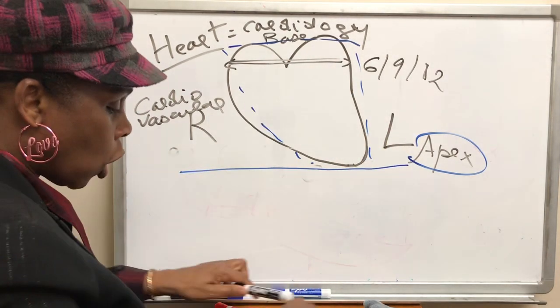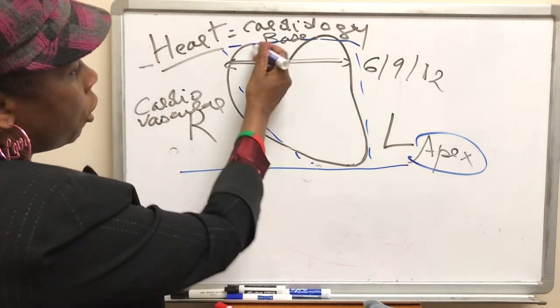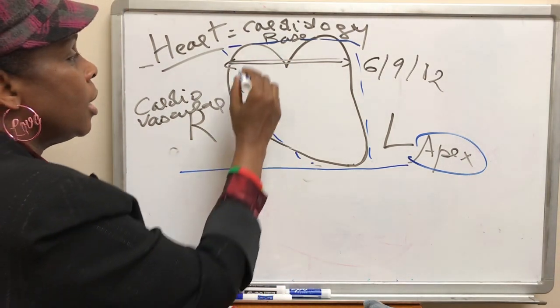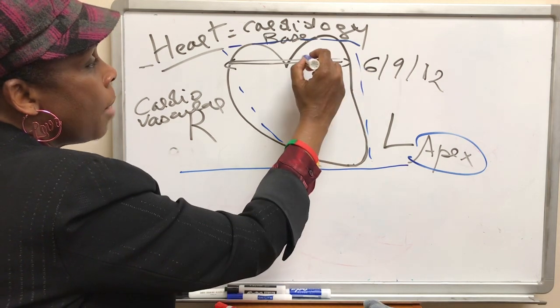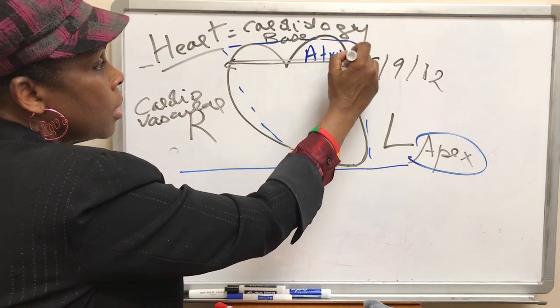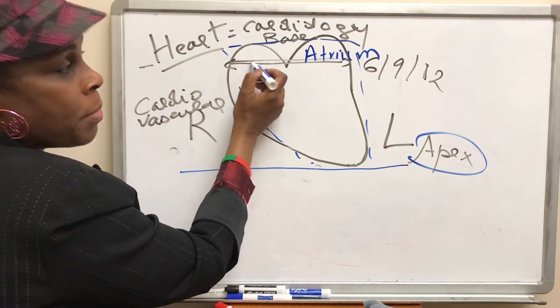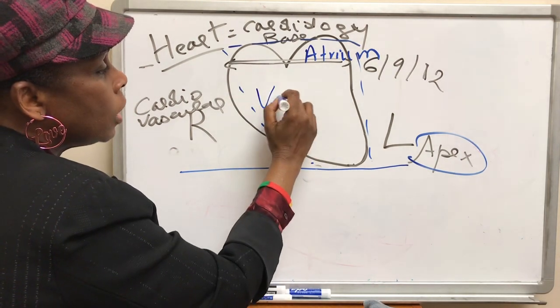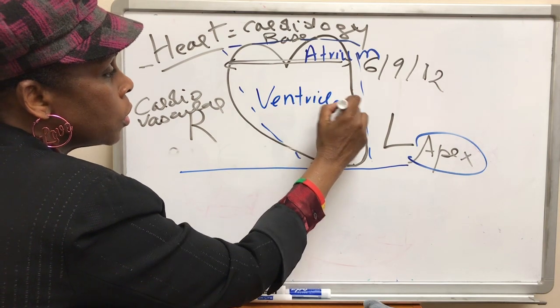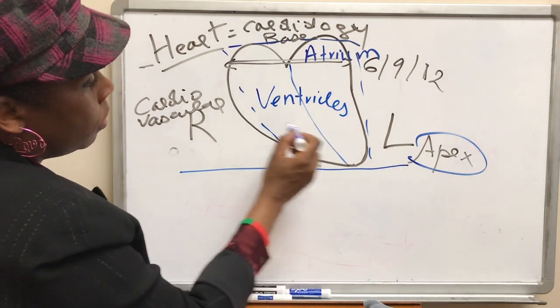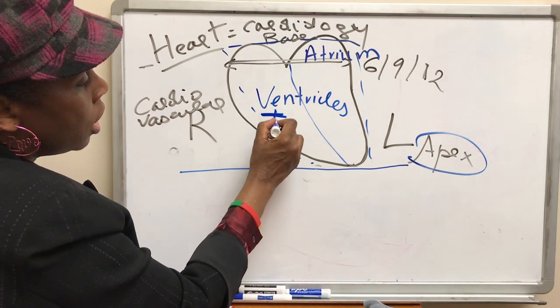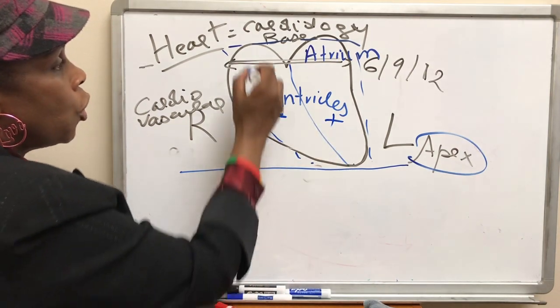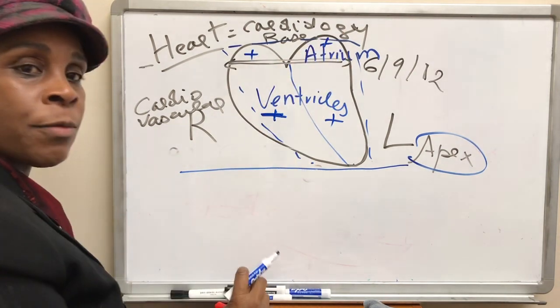The top of the heart, these two chambers, are called the atria: the left atrium and the right atrium. The bottom ones, which are big, are called the ventricles. It has two of them, the right ventricle and the left ventricle.